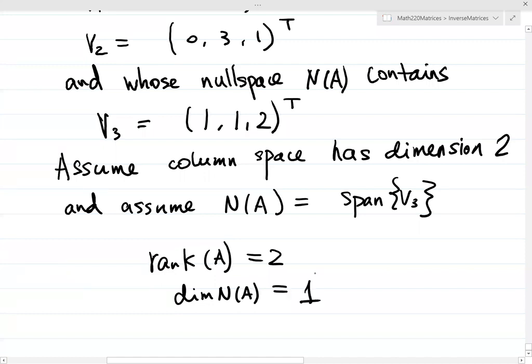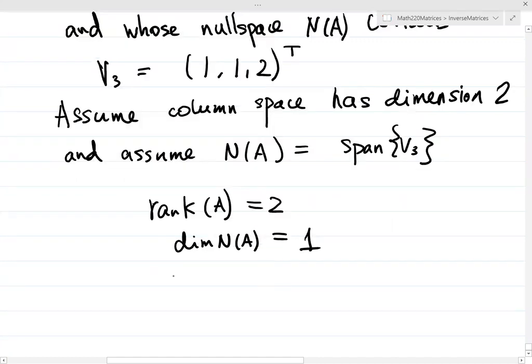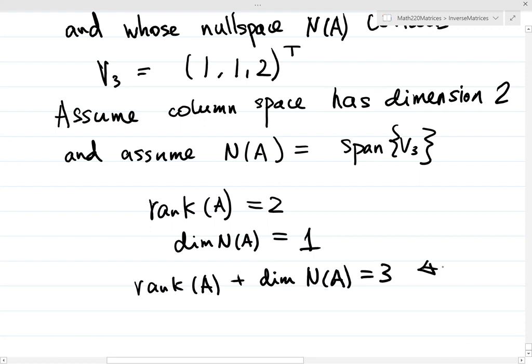Okay. So the sum of rank plus dimension of null space gives us the column numbers. So rank A plus dimension null space is the number of columns of A.